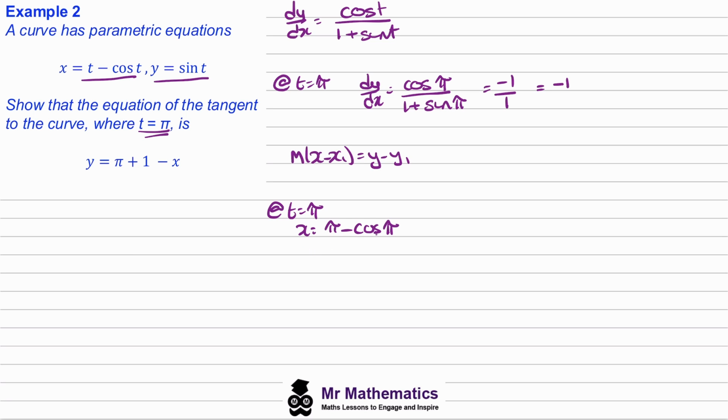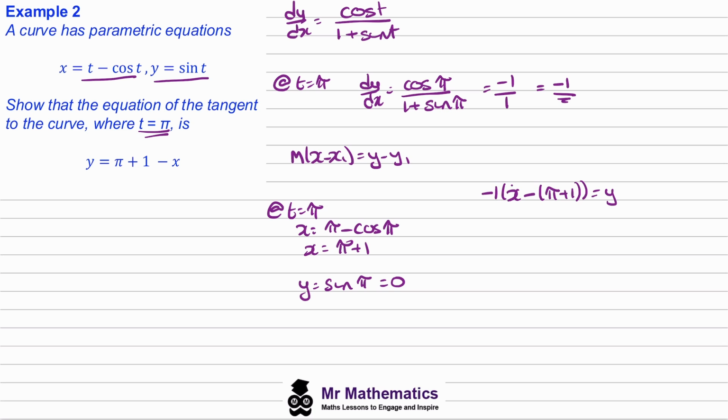The cos of pi is -1, so this will give us pi minus the -1, pi plus 1. And y will equal the sine of pi, which we know is 0. So the equation of a tangent will be -1 multiplied by x minus pi plus 1, and this will equal y minus 0.